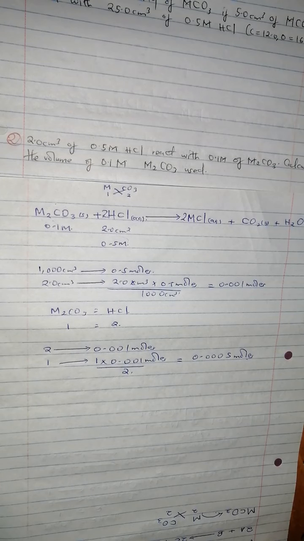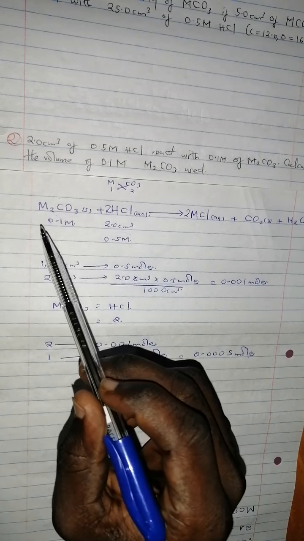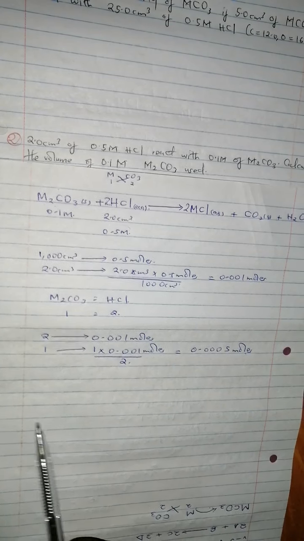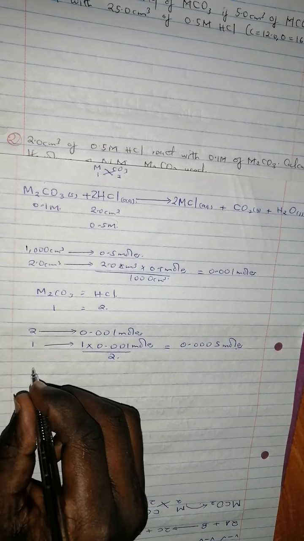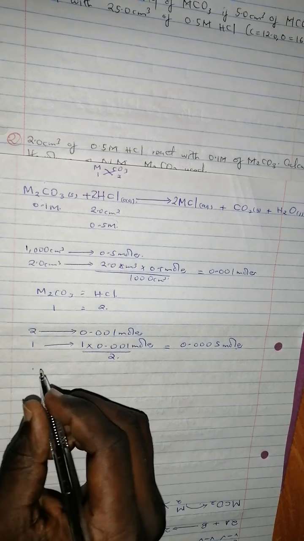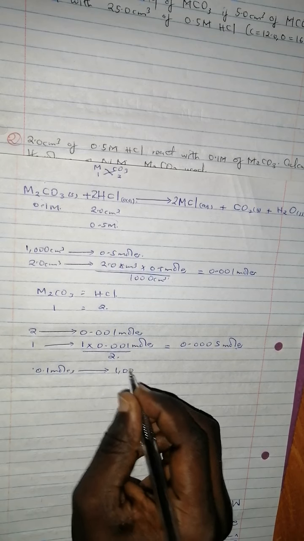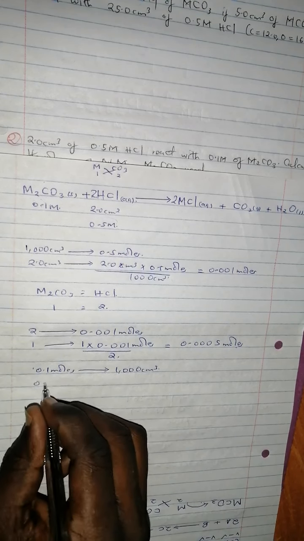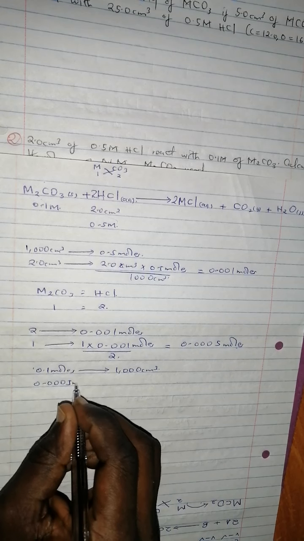And we are asked the volume of M carbonate that was used or that reacted. How do I get that? Keep in mind, whenever I'm given 0.1 molar, it means that 0.1 moles is contained in 1,000 cubic centimeter of a solution. How about 0.0005 moles?